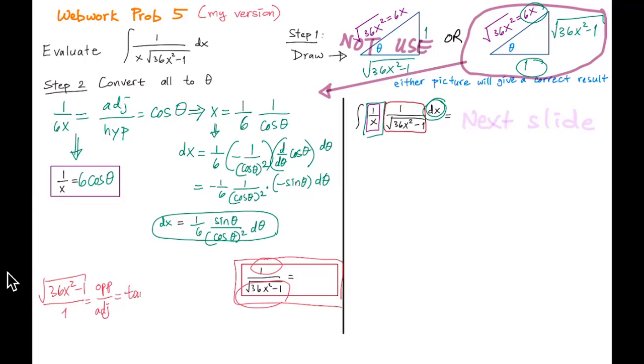So this is tangent theta. And for what I'm going to do later, it is easier if I write this as sine theta over cosine theta. So that's what I'm going to do. So then this box is equal to cosine theta over sine theta. So that's good. So I have all of the values that I need. So now I'm ready to do this substitution.